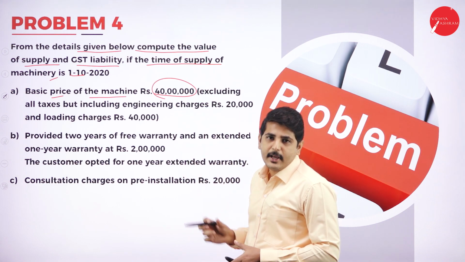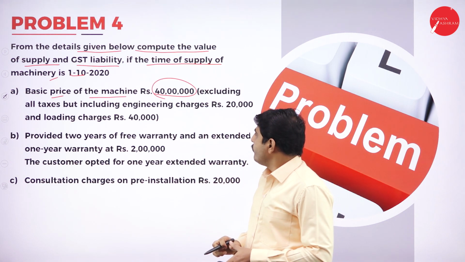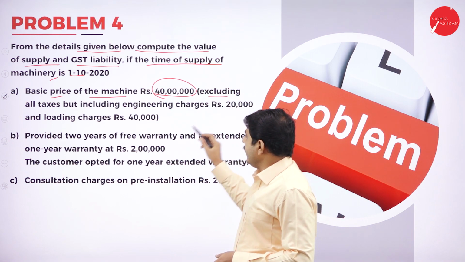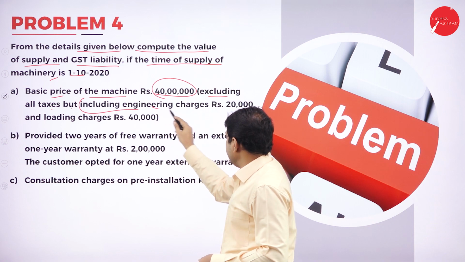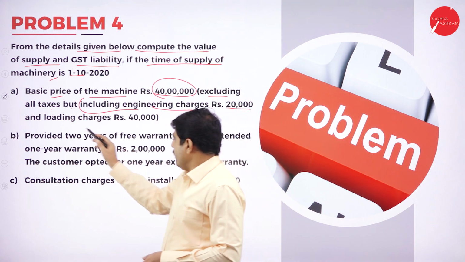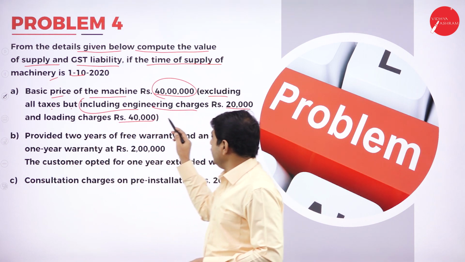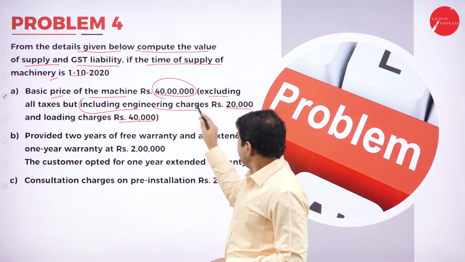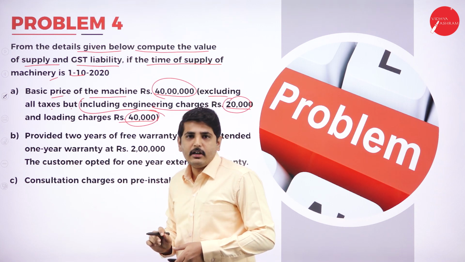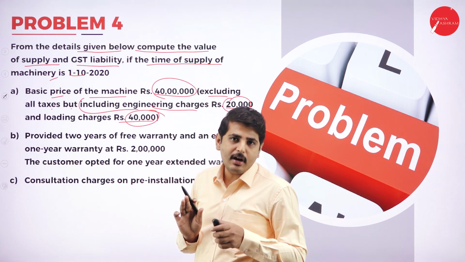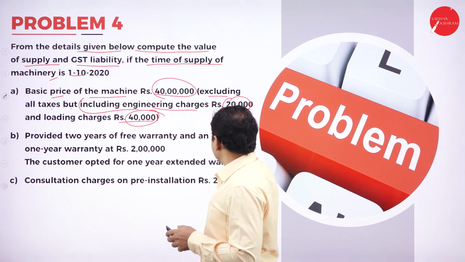So the actual production cost of the machine is 40 lakh, excluding all the taxes, but it includes engineering charges 20,000 and holding charges rupees 40,000. So in this 40 lakh, the amount 20,000 is already included and 40,000 is already included. So we should not consider these two items.